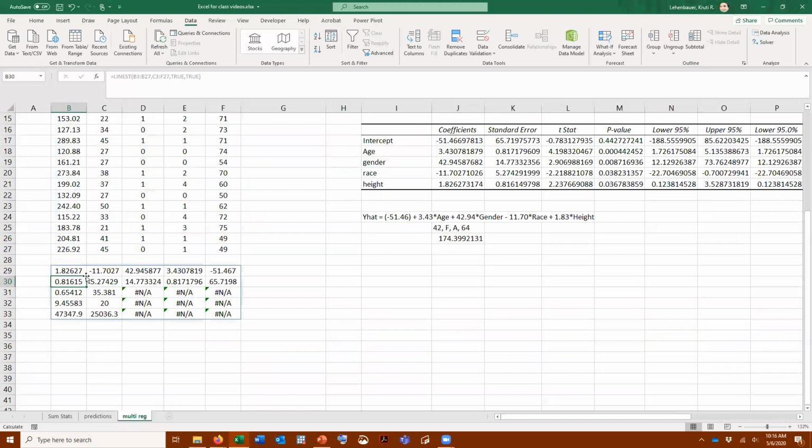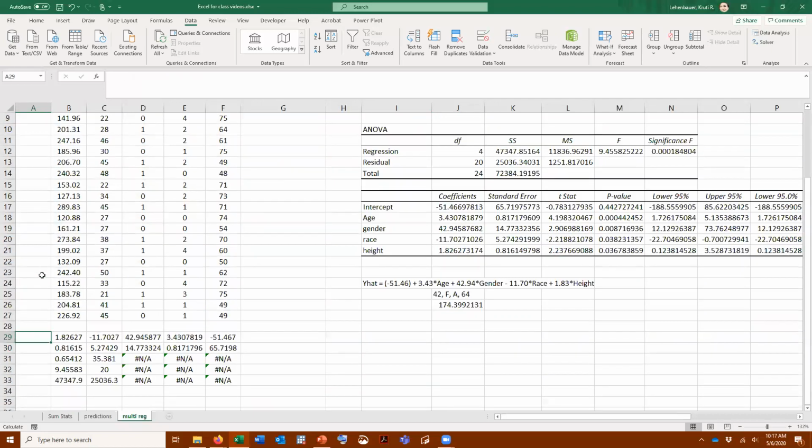Basically that gives you this, and be careful, the last number that's given to you is the intercept. Before it come the slope of age, slope of gender, slope of race, and slope of height, in that order.